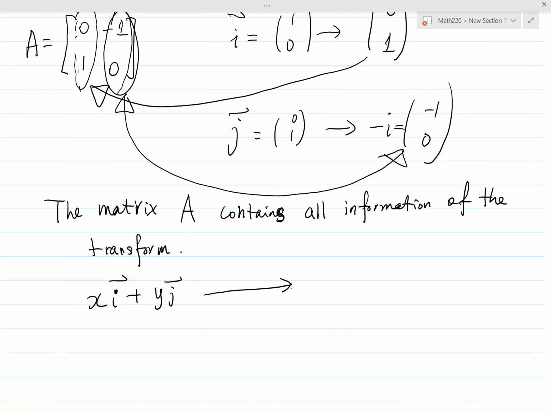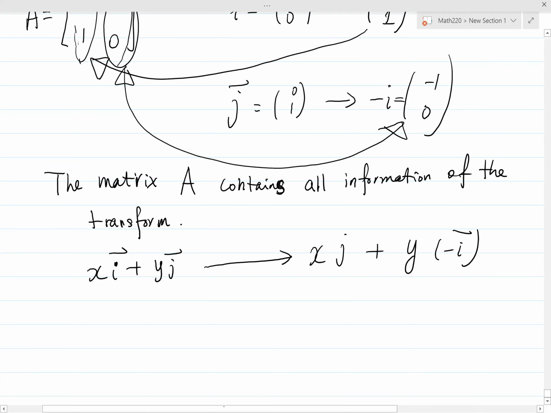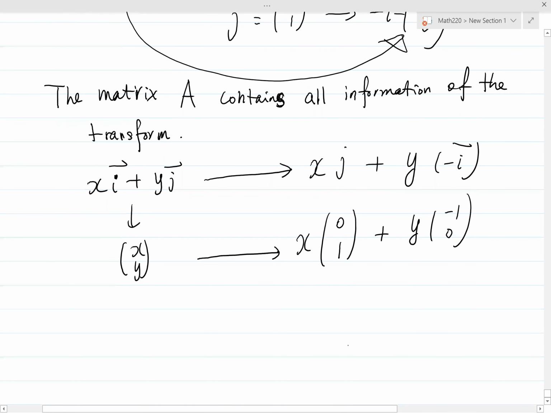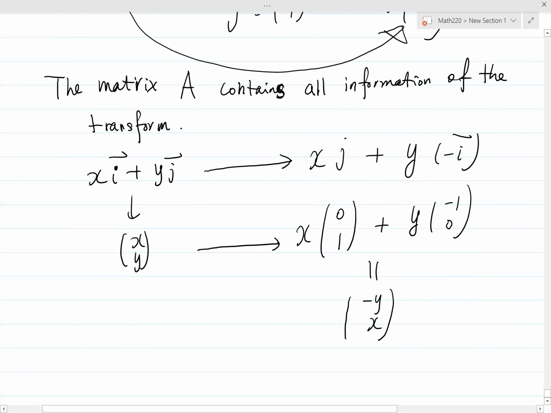Remember, I corresponds to J. Now, J corresponds to negative I. So if we write anything as x, y, J is 0, 1 and negative I is negative 1, 0. So the operation is negative y, x.